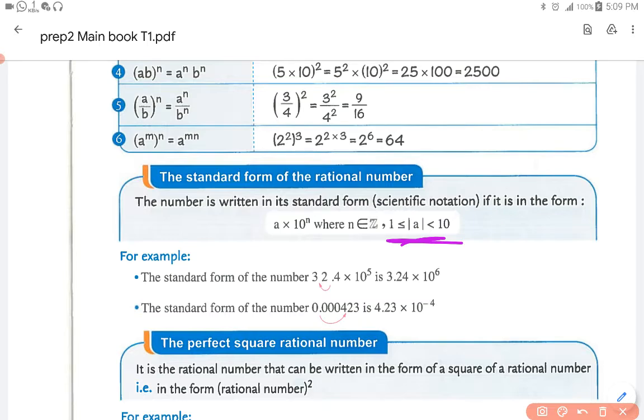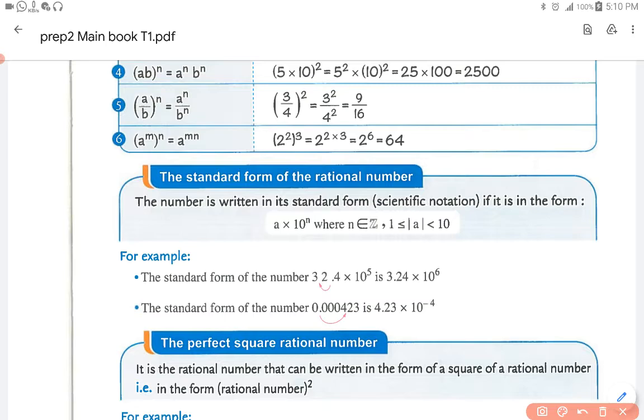When I want to write the standard form, the basic condition is that the number is in the form a times 10 to power n, and also the absolute value of a is greater than or equal to 1 and smaller than 10.